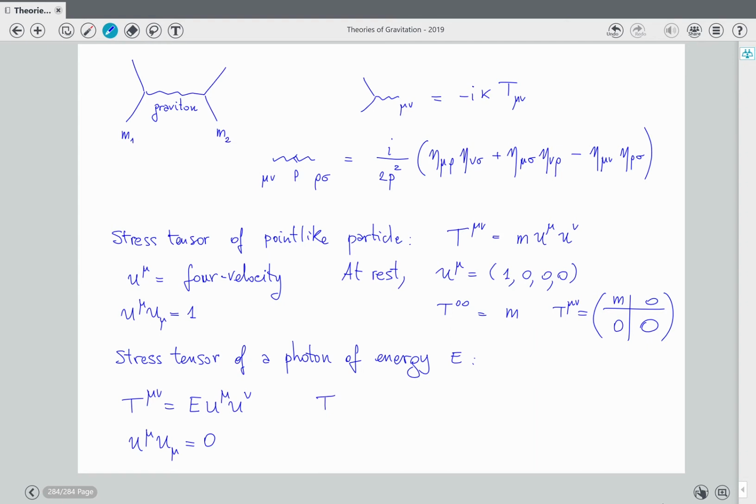And that makes this thing traceless, as it should be, because we have found that the radiation should always be traceless. But if we want to describe radiation as a quantum, like a photon in this case, this is a suitable stress tensor. So you can choose, for example, e mu equals 1, 0, 0, 1. It's like the momentum k mu.